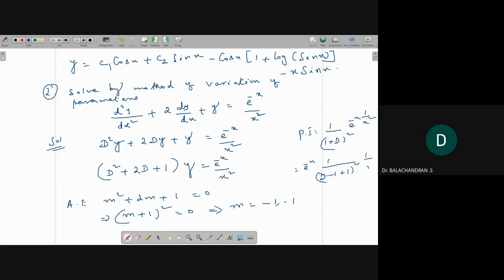So this is equal to e power minus x by 1 by d square, so you should integrate twice. If they gave method of variation of parameters, you should use method of variation of parameters only. If it just says solve, you can use any method.